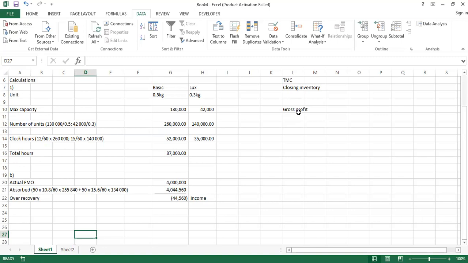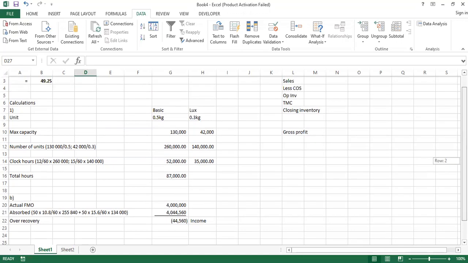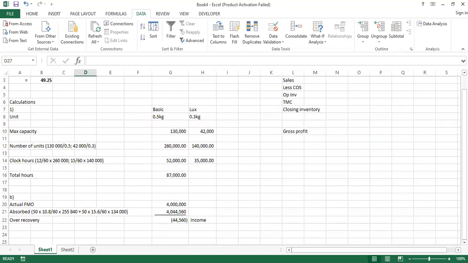What you need to watch out for, the simpler thing to do, is to look at the principle. Like the way I'm explaining, we over absorbed here, which means our expenses were more. So at the end of the day, this over recovery must be in addition to our gross profit.